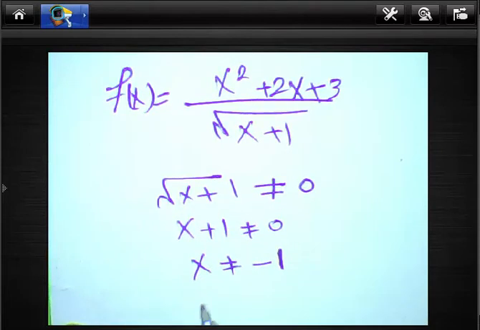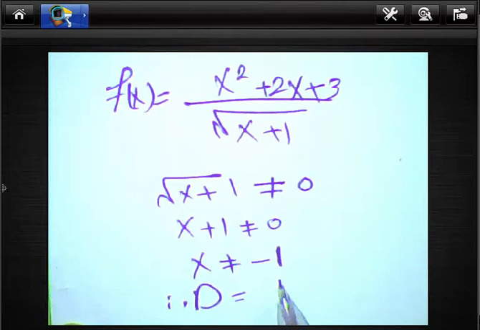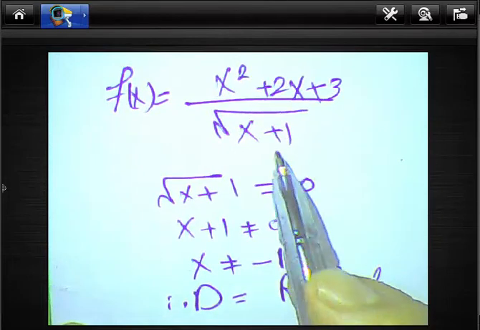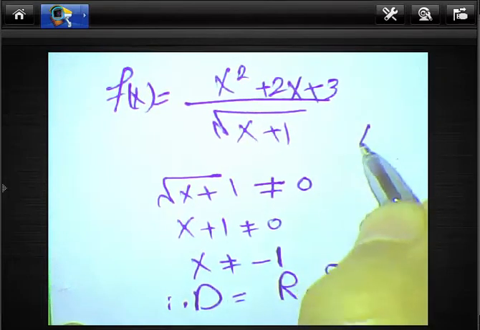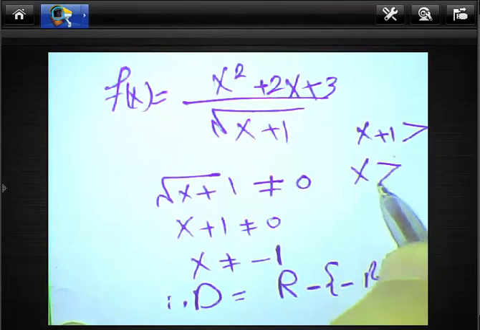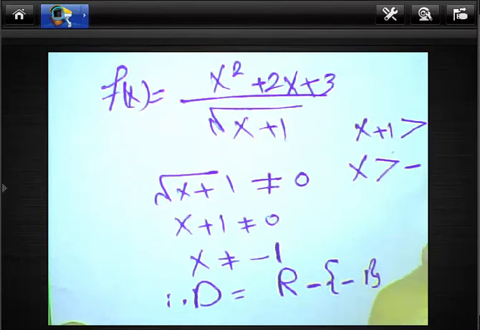So the domain of this function will be the real numbers subtract -1, and also the expression x plus 1 under the root must be more than or equal to 0. So x must be more than -1.